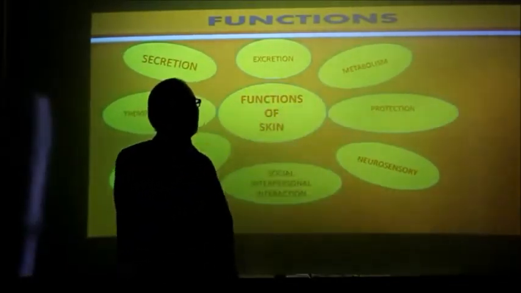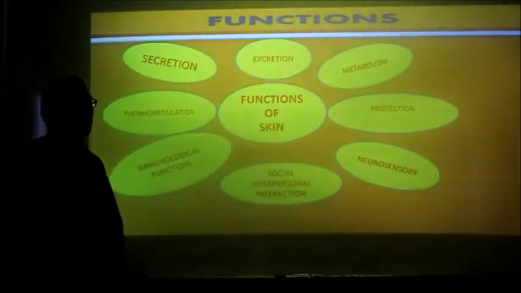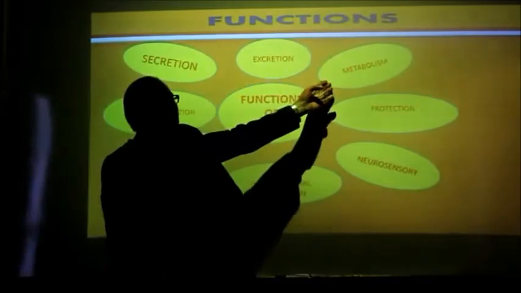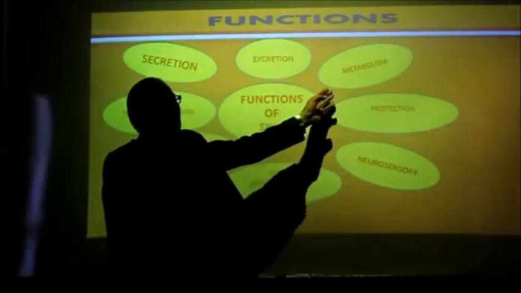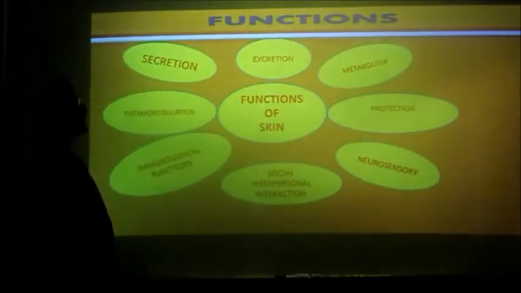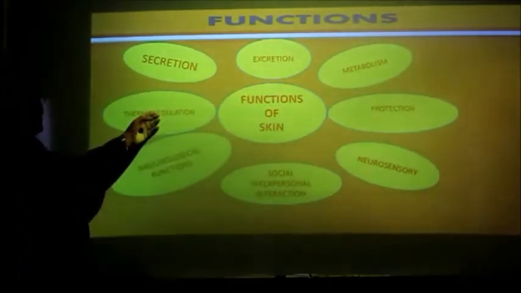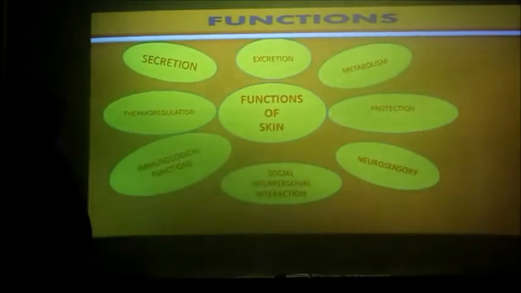Then of course, an important portion of our metabolic activities, especially vitamin D, is metabolized with the help of this system. We have a function that is thermoregulation, for survival.